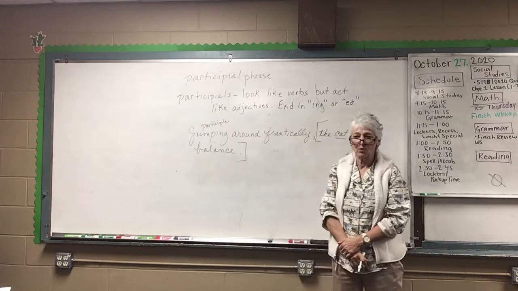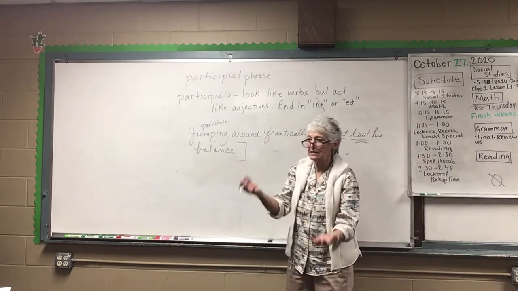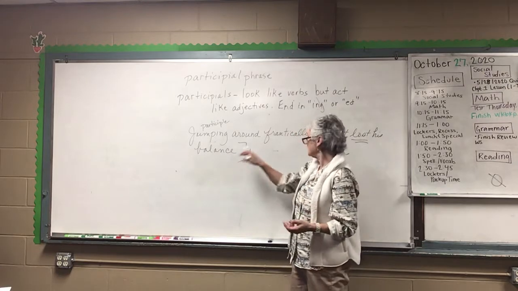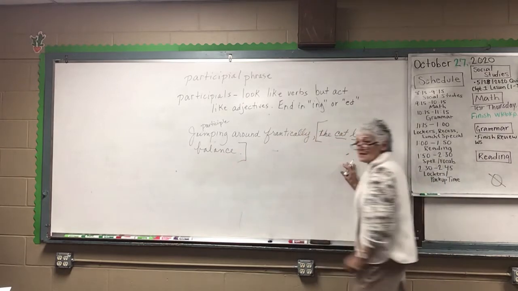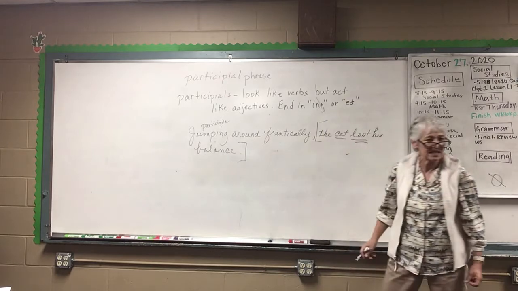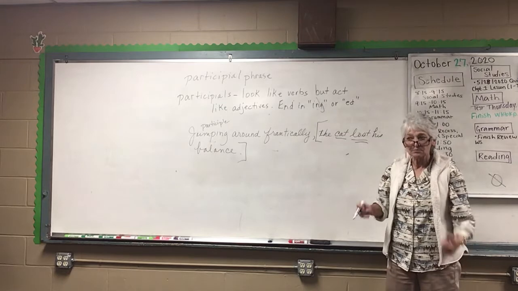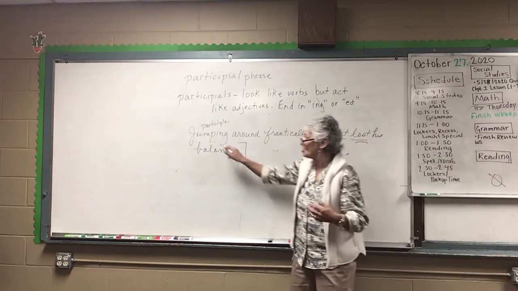There's your participle. It didn't say we balanced two things. This right here tells me what part of speech balance is in this sentence. Is balance a verb or a noun in this sentence? A noun, it's a thing. His balance. Okay? Remember, it has to look like a verb and act like an adjective.